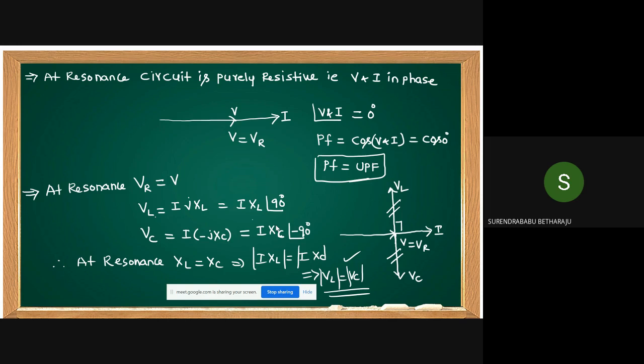But magnitudes are equal, sir. But what is the net reactive voltage? I'm talking about the net reactive voltage. That net reactive voltage equal to 0. What is the net reactive voltage, sir? All these are the observations at resonance conditions.